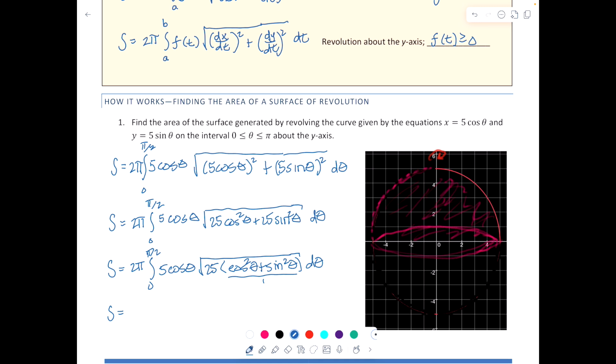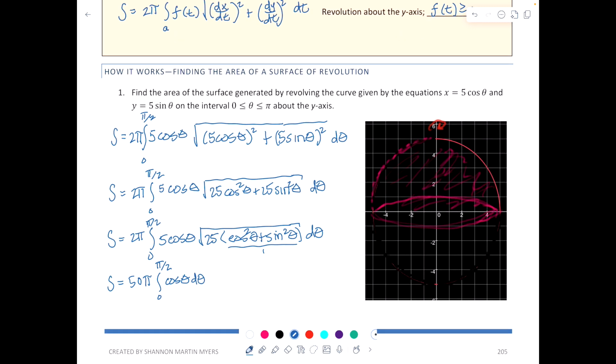So if we pull out that 5, 5 times 5 is 25, times 2 pi is going to be 50 pi. And then the integral from 0 to pi over 2 of cosine theta d theta.